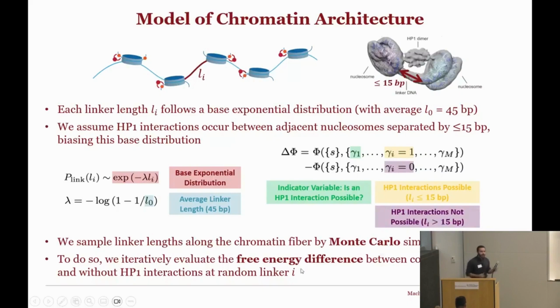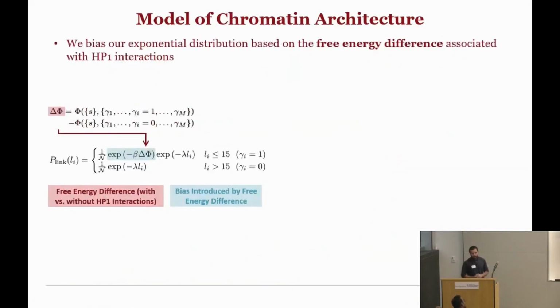And based on the free energy of configurations with and without interactions between nucleosomes i and i+1, we can sample linker lengths. So we know for random nucleosomes i and i+1, what's the energy difference between configurations with and without HP1 interactions.